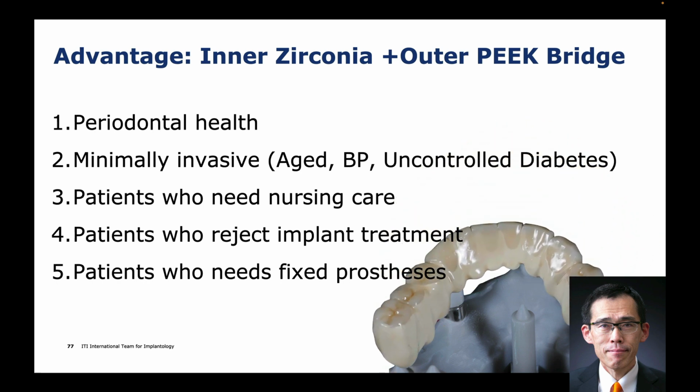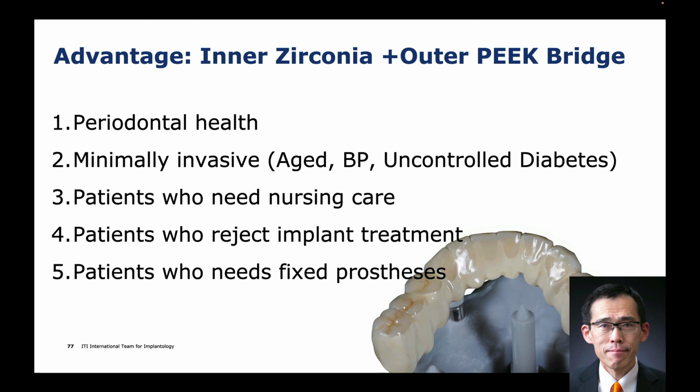The advantages of this type of prosthesis, inner zirconia crown and outer PEEK bridge: First, periodontal health. Secondly, minimally invasive. Third, patients who need nursing care. Fourth, patients who reject implant treatment. Fifth, implants that need a fixed prosthesis.